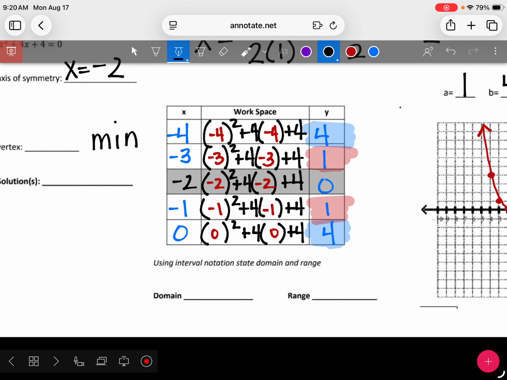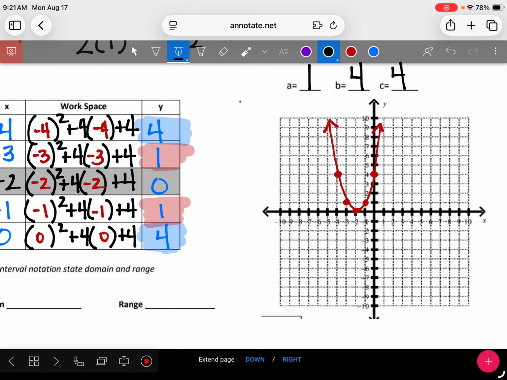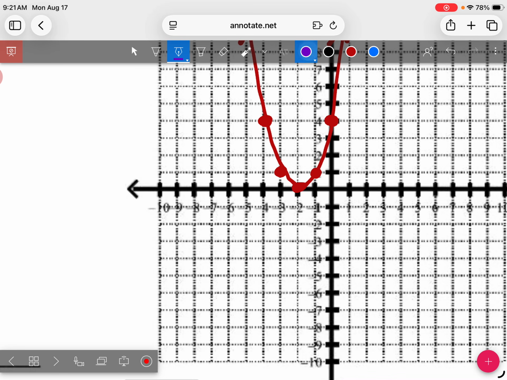And the order pair for the minimum is the middle order pair, which is -2, 0. But if you look at this graph, the vertex is also the solution, because that's the only place where the graph touches the x-axis right here. So this point is the vertex and it's the x-intercept. It's both.